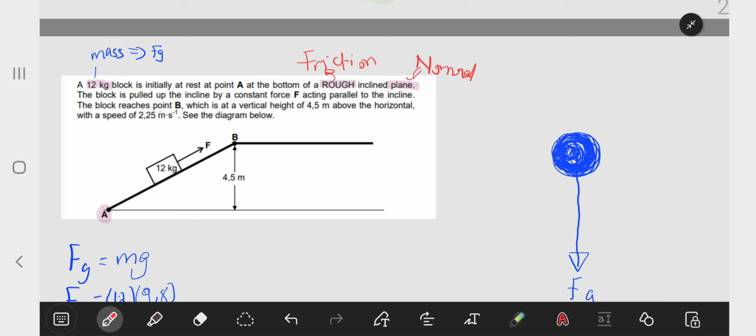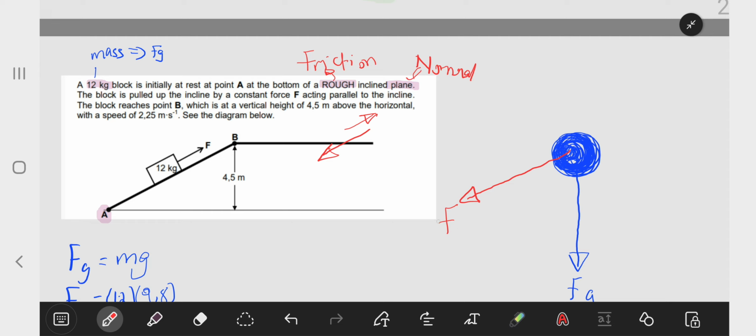Now the block is pulled up the incline, meaning that this block is moving up the incline, from A to B. So we can actually get the direction of the frictional force. The direction of the frictional force would be opposite the motion. If the motion is in that direction, then we expect friction to point in the opposite direction.